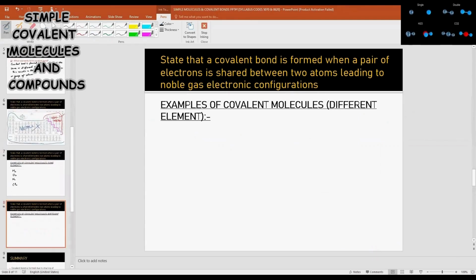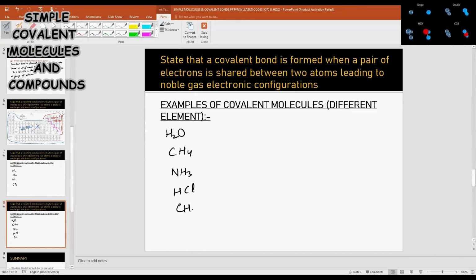Now here are some examples of covalent molecules formed from atoms of different elements. We have common examples from everyday life, which is water, H2O, methane gas, which is used in our stoves and for heating purposes, or in CNG cars, ammonia, NH3, HCl, hydrogen chloride, which on dissolving in water produces hydrochloric acid.